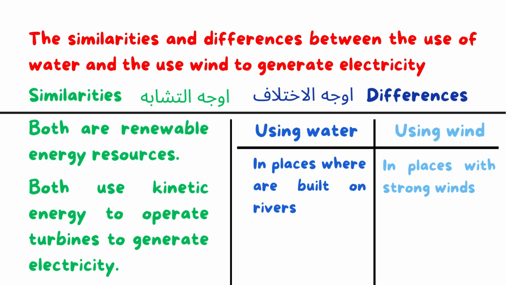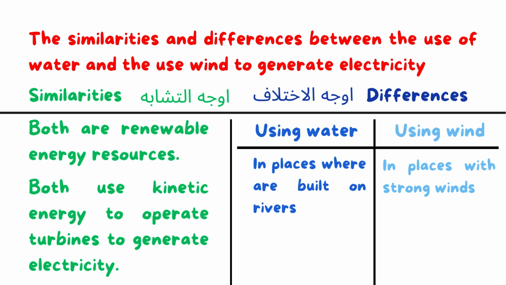And both of them are renewable resources of energy. This is about the similarities. What about the differences? We use water in places near rivers, places that are built on rivers, so we can generate electricity from water in these places.